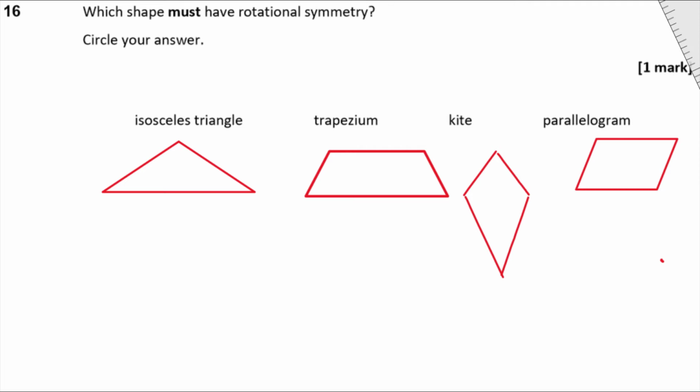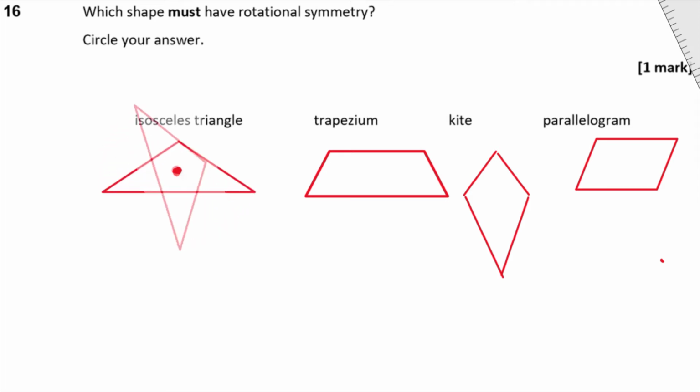So which shape must have rotational symmetry? Now the isosceles triangle is not going to lay on top of itself when you rotate it. When you're looking at rotational symmetry, you've got to imagine that you can put a pin in your diagram and spin it around. Which ones are going to look the same as you turn it 360 degrees around?